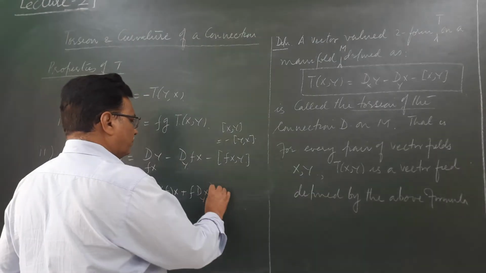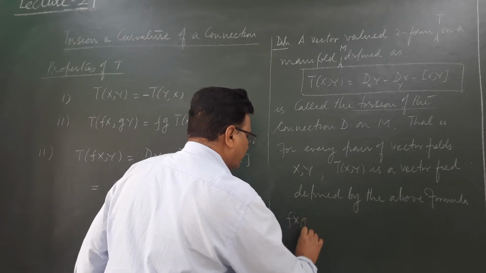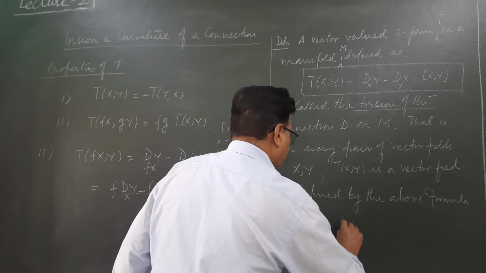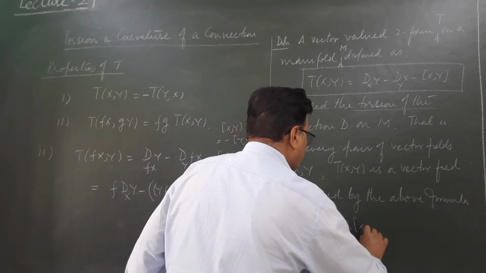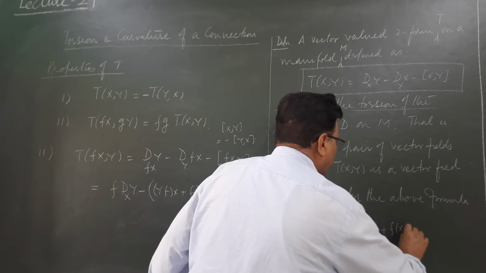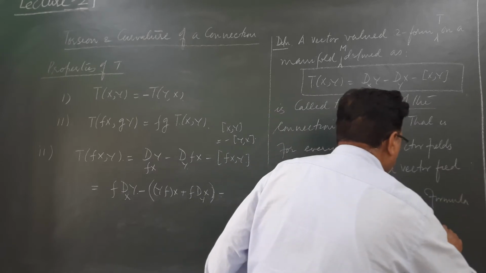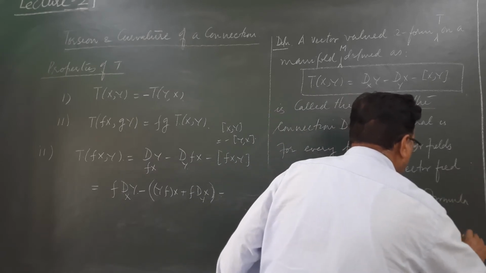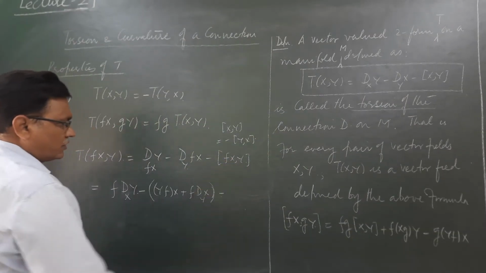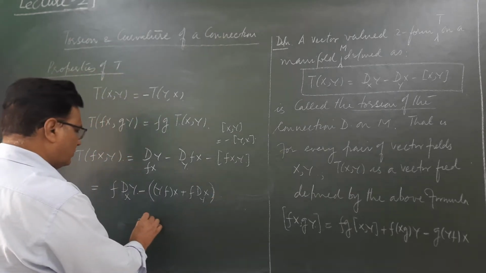For the third term, if you remember, there is a formula for the Lie bracket [fX, gY]. This is equal to fg times Lie bracket [X, Y] plus f times (X g) Y minus g (Y f) X. Make use of this formula for this term. So, it will be minus, let me write down this term here.